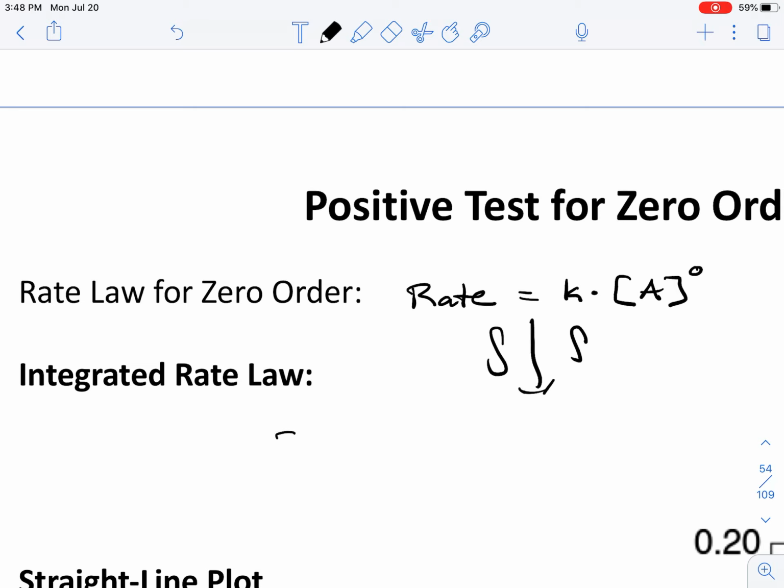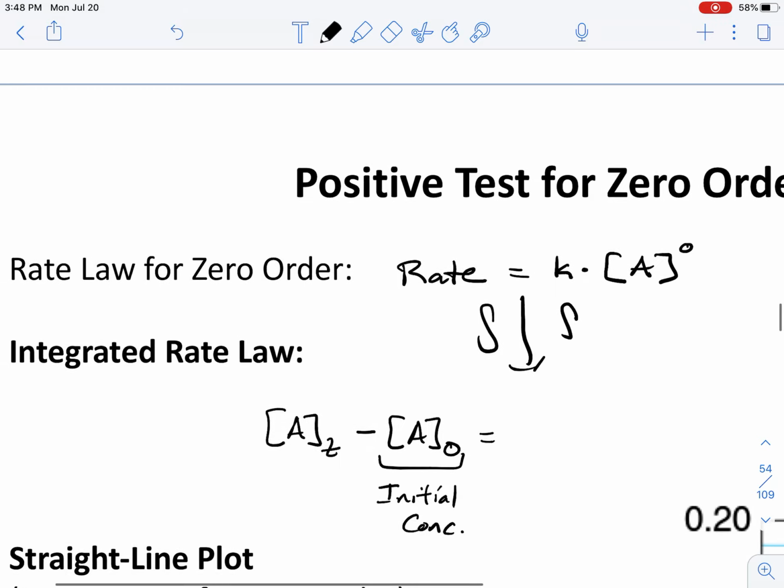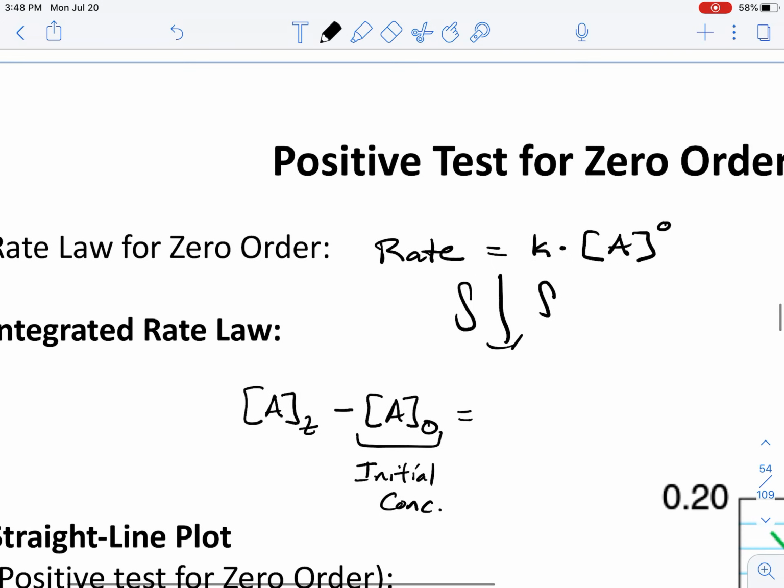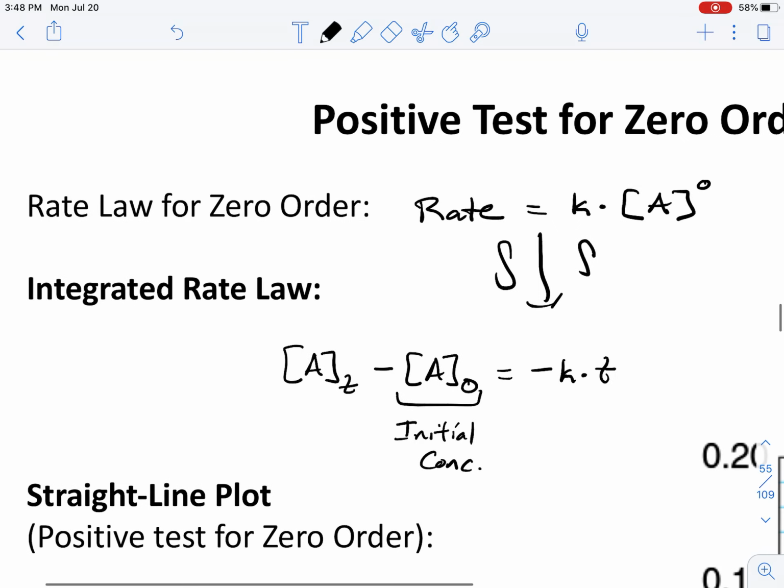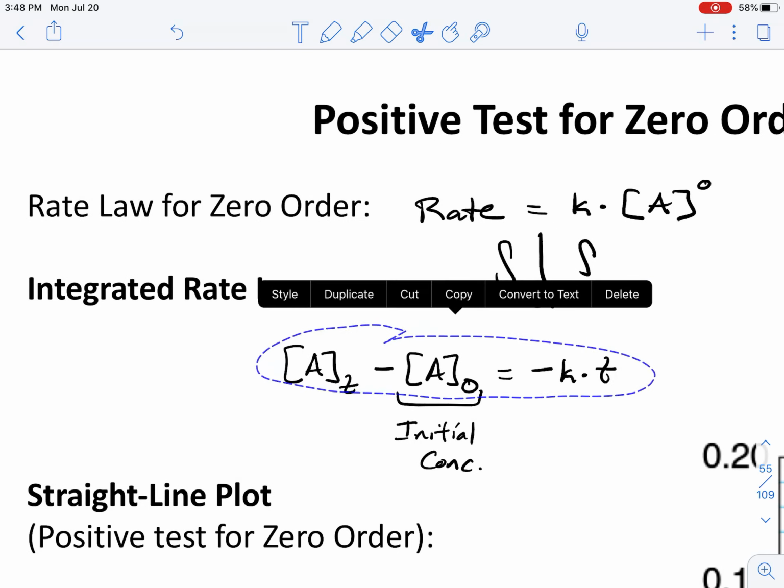the integrated rate law is going to be the concentration of A at any given time period minus the concentration of A at the initial time period. So once again, this is representing initial concentration, and A sub t is representing the concentration at any given time period. That's going to equal negative k times t. I'm going to duplicate this so I don't have to rewrite this again.